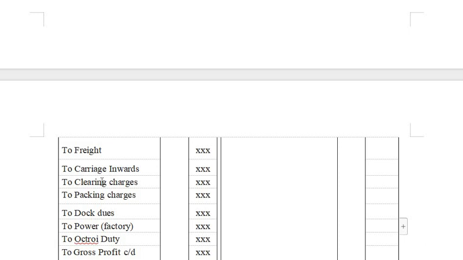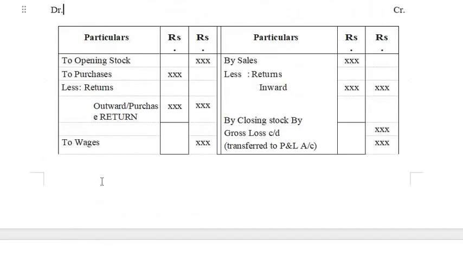All these expenses, when given in your trial balance, you have to write on the left-hand or debit side of your trading account. These expenses we call direct expenses, because they are directly involved at the factory level. That's why they are called direct expenses.